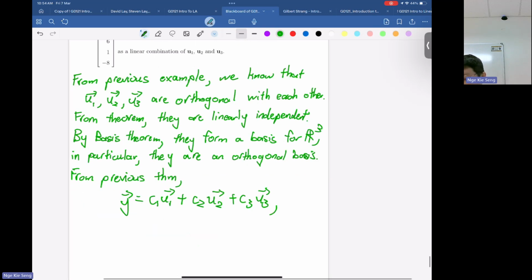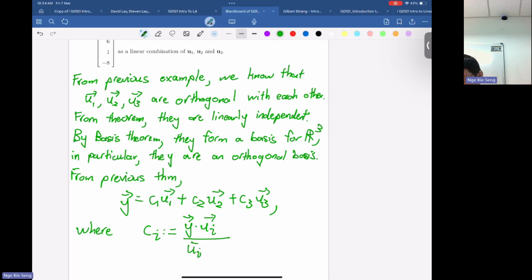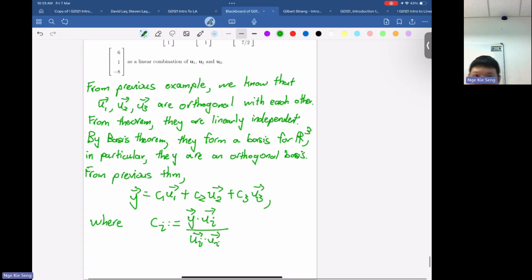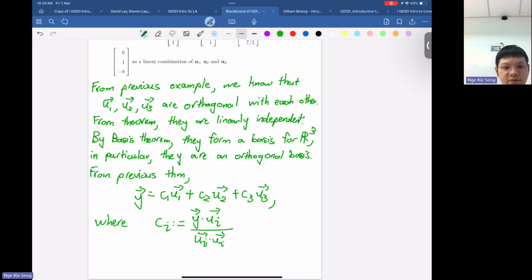How to get this Ci? Ci equals what? You take your y dot with your basis vector and then divide by the length squared, so you divide by ui dot ui. Can you try and compute the Ci? I give you 3 minutes.